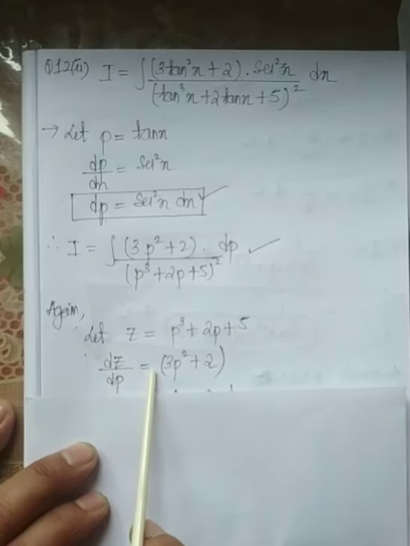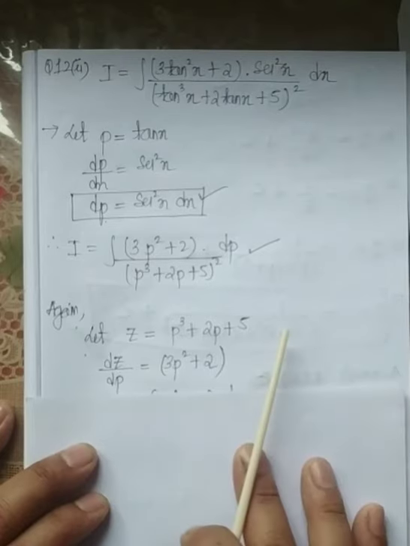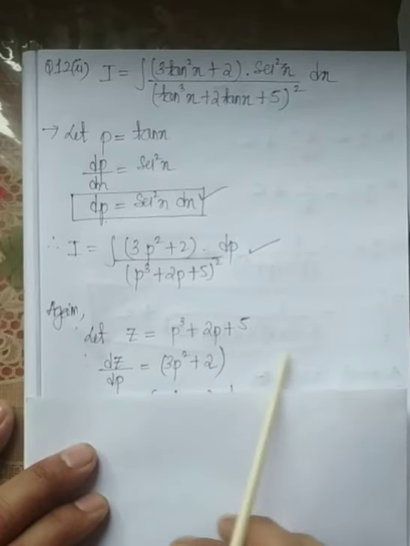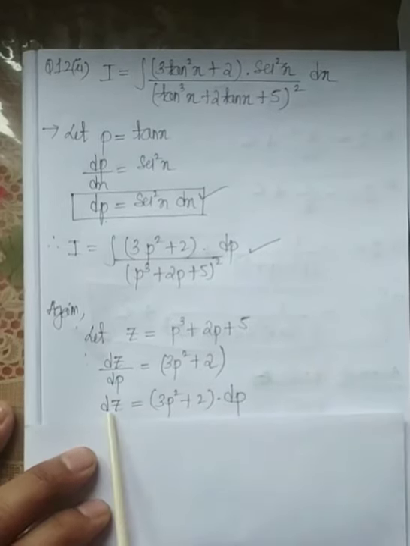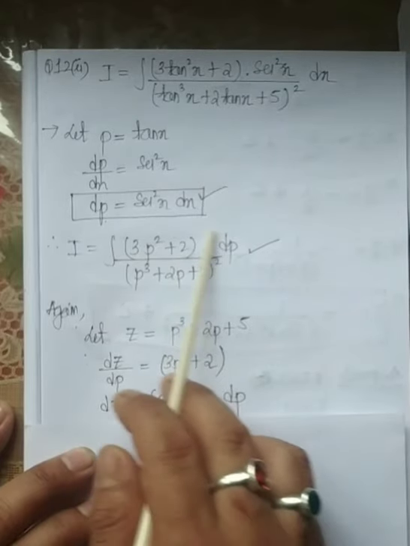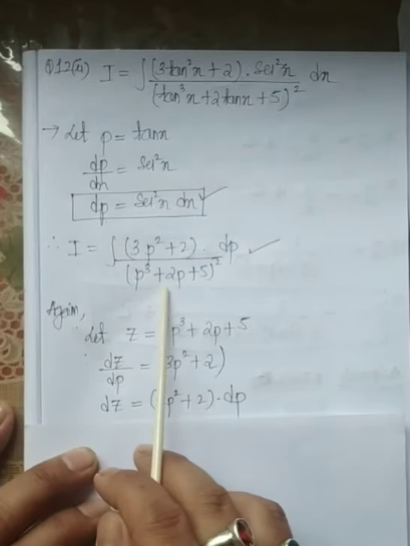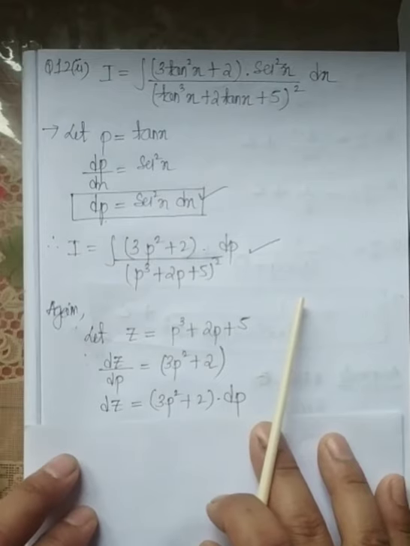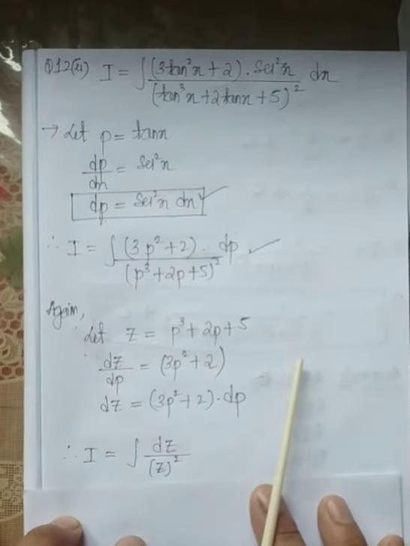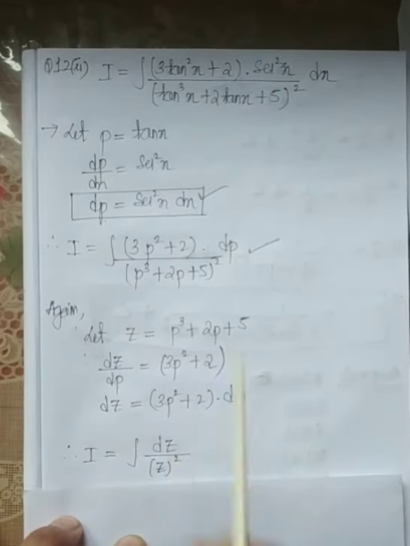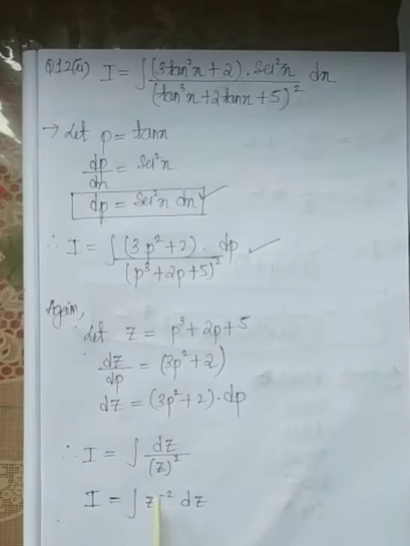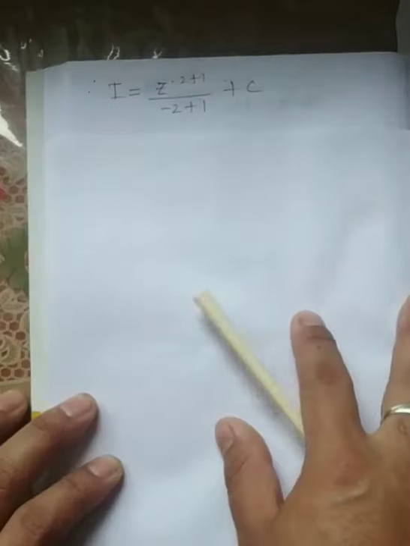So dz by dp is this, right? So therefore, cross multiply with dp. That is this, dz. So this whole numerator is dz, and this is z square. So therefore, putting the values, I'll be getting this. Bring z to the power 2 to the numerator. It becomes z to the power minus 2, which is this. Now we know how to integrate, isn't it? So pause the video. Next page, I'll see how to integrate.